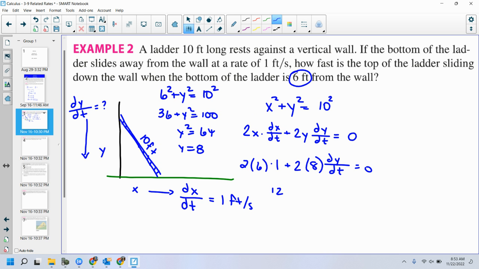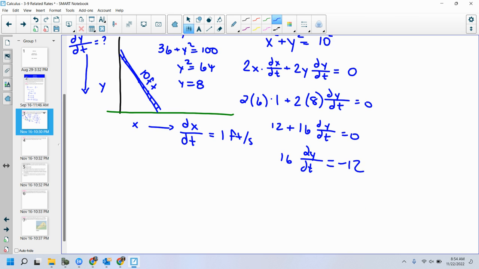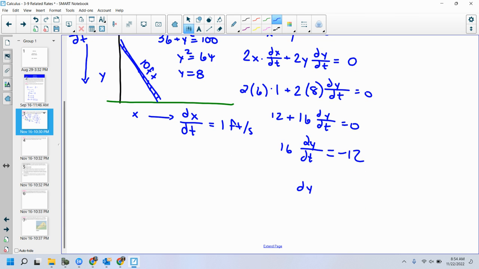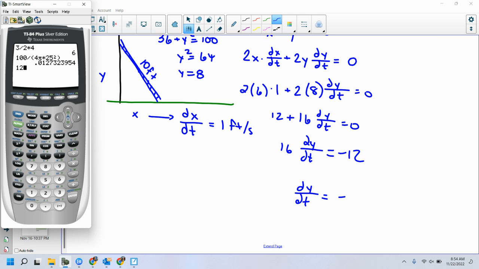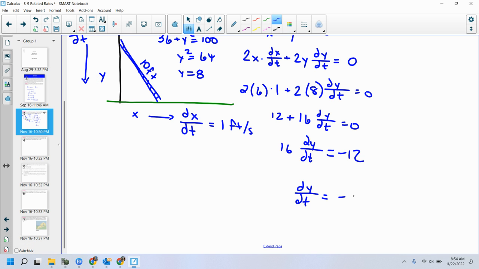Okay, so this is 12 plus 16 dy dt is equal to 0. Subtract the 12 over to the other side, divide by 16, so dy dt is negative 12 sixteenths, 0.75.